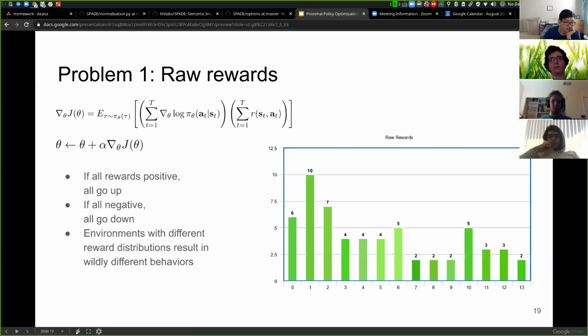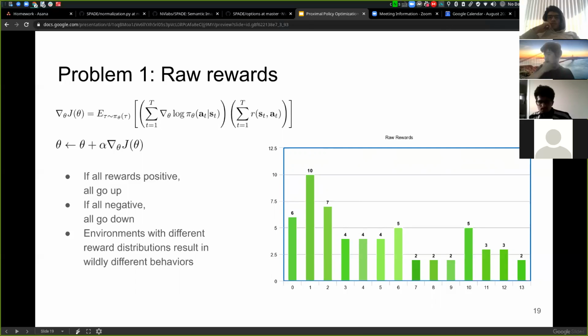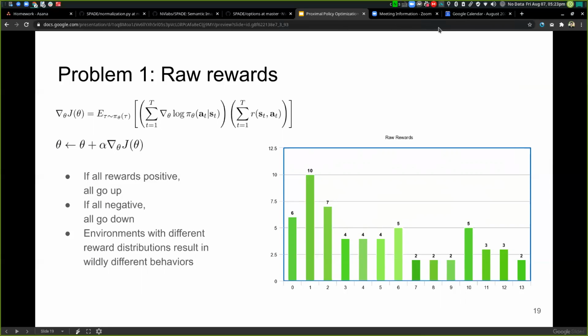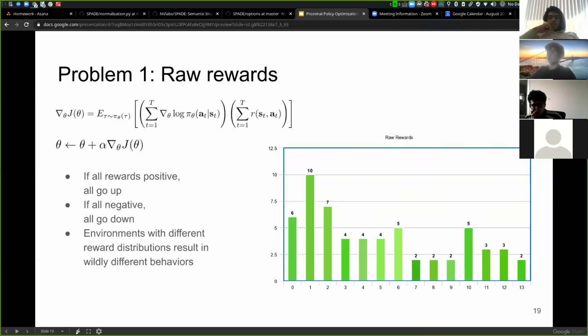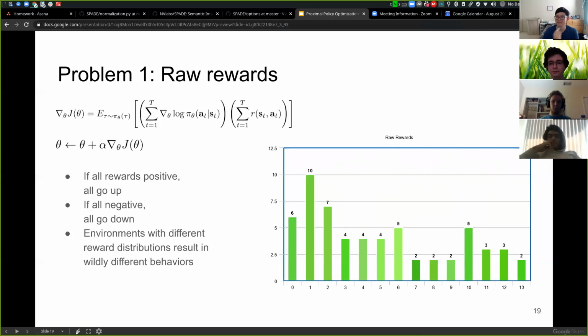You will scale your gradients and make a step in a somewhat right direction, because better actions will be amplified more than actions with lower reward. However, it doesn't tell you which actions are bad, or whether you should step in the other direction if you took an action that's worse than usual.